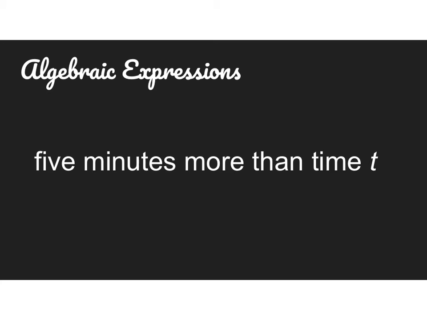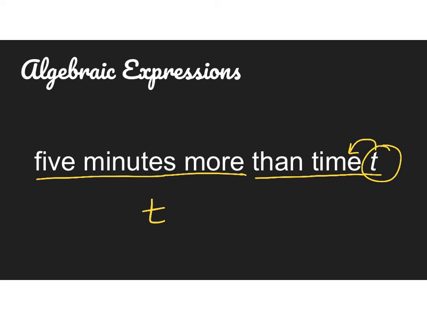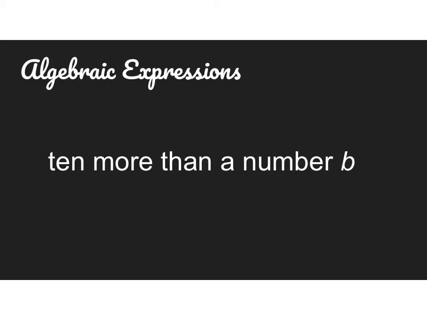We can also use algebraic expressions to represent something. So for example, if I was writing an expression and I wanted to represent 5 minutes more than time t, that means t is representative of time. 5 minutes more than t would look like this: t for time plus 5 more minutes. 10 more than a number b would look like b plus 10.